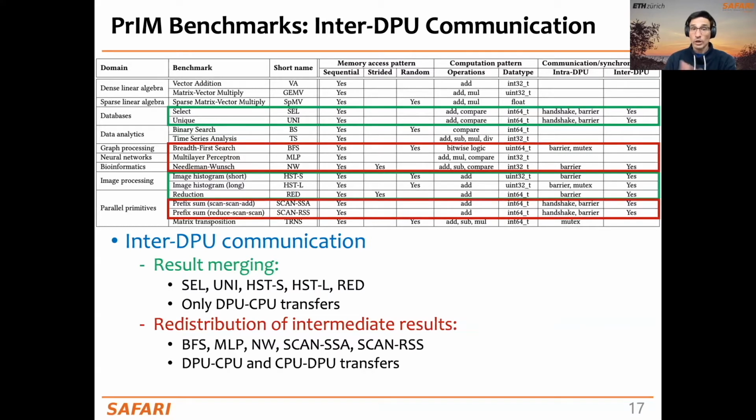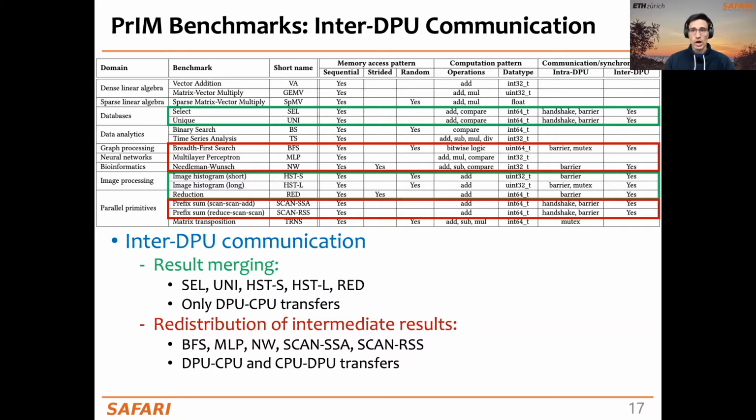Another inter-DPU communication pattern is the redistribution of intermediate results, which we can find typically in graph processing workloads, for example, where we have multiple iterations, and in each iteration we generate a frontier and we have to redistribute the frontier between iterations. Other workloads that also need this sort of redistribution of intermediate results are, for example, Needleman-Wunsch.